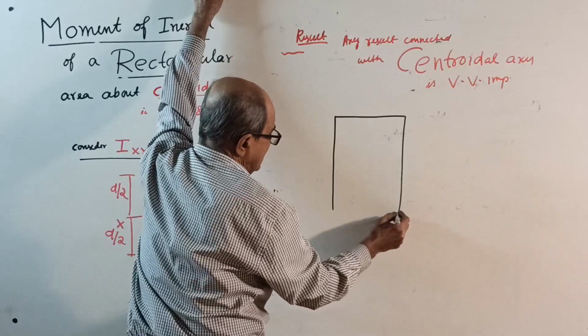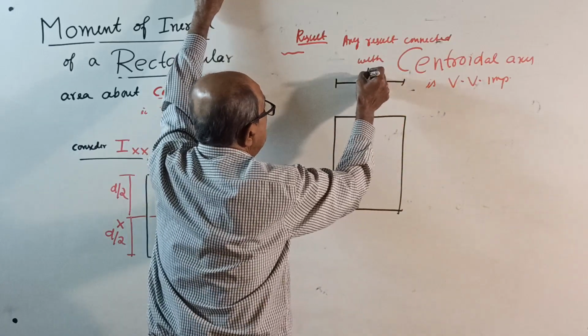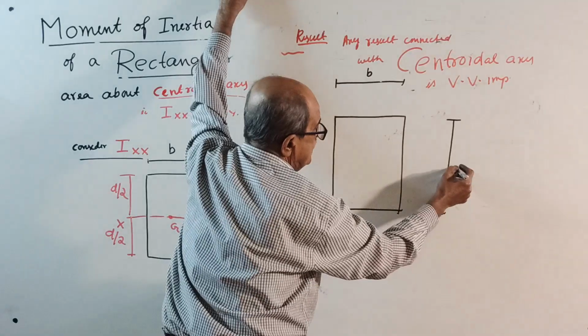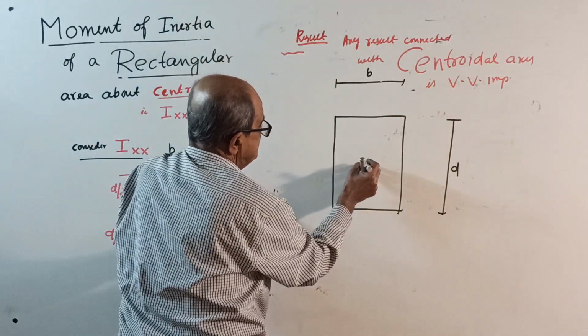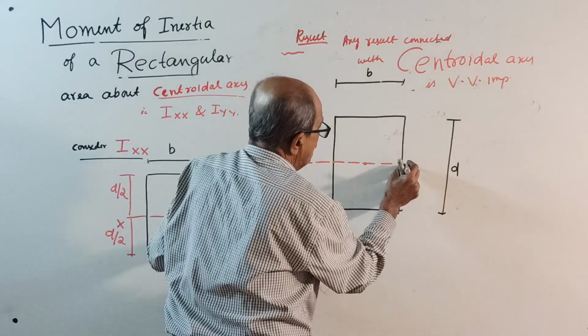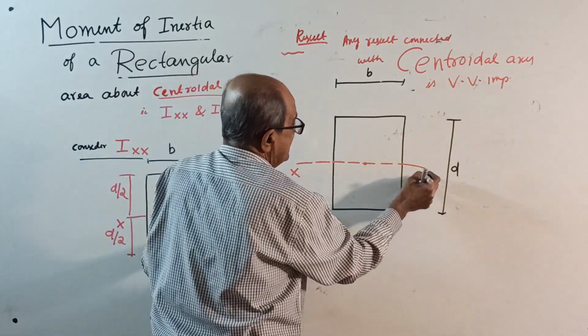So the result is that, if there is a rectangular section, let one side be B. Anywhere you write B here. We will call B the breadth. The other side is D, depth. Usually we call breadth and depth. Mark centroid, G. Draw an axis passing through the centroid and parallel to B. Horizontal is there, call it XX.